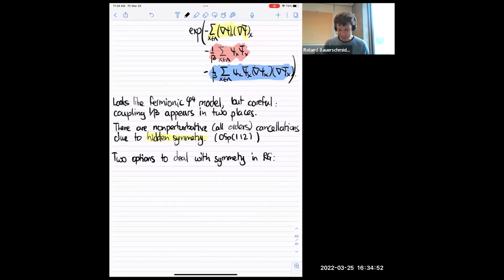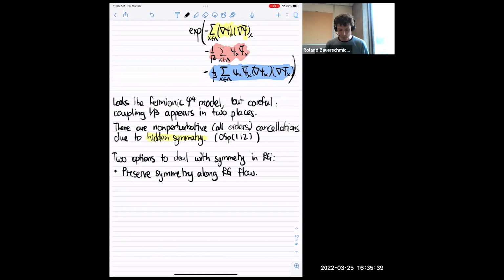So there are two options to deal with symmetry in RG. The first point is you always have to be careful about symmetry. The first way, which if you can, is perhaps the better or the nice way, is to preserve the symmetry along the RG flow. So this principle works, and so for example, if you have a critical phi-4 model with a Z2 symmetry, in this case, it's easy to just preserve the Z2 symmetry along the flow.